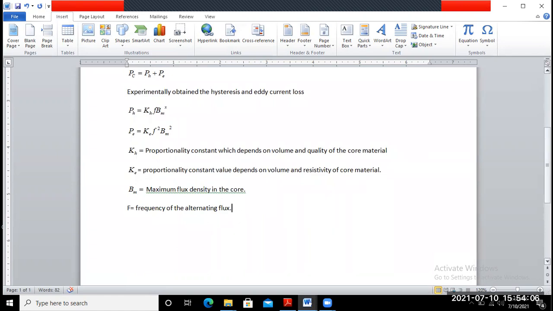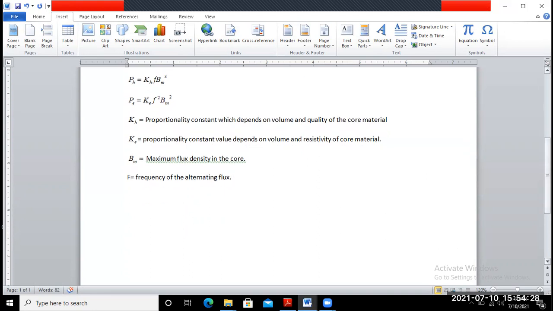The value of the exponent, that means x, is known as the Steinmetz constant and varies from 1.5 to 2.5. It may more generally be taken as 1.7 or 1.8, but it varies from 1.5 to 2.5.